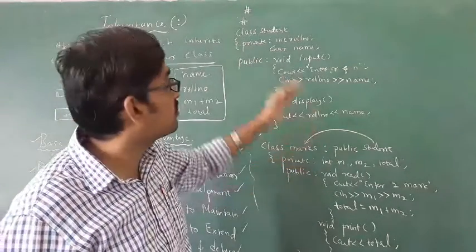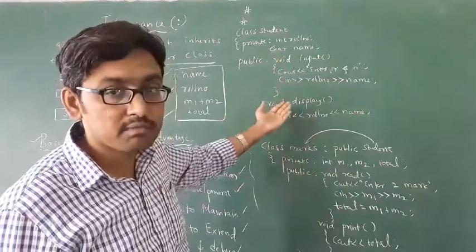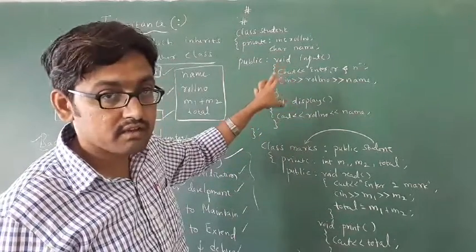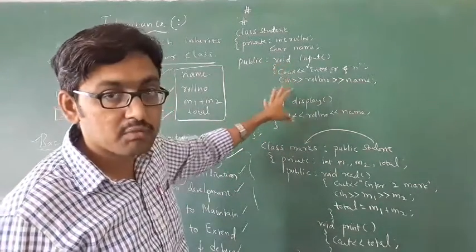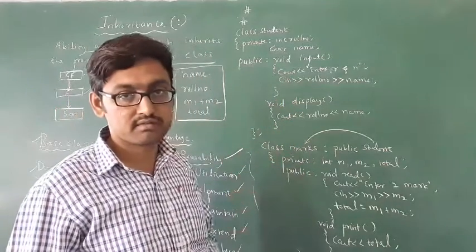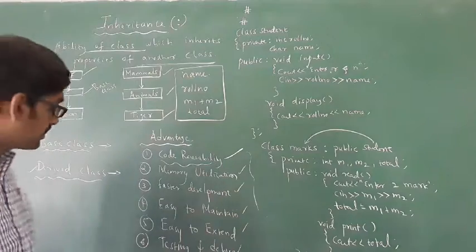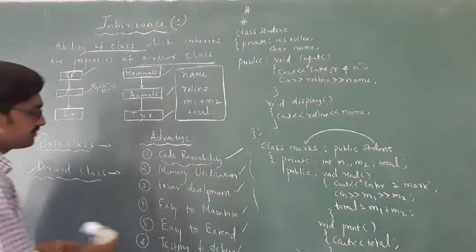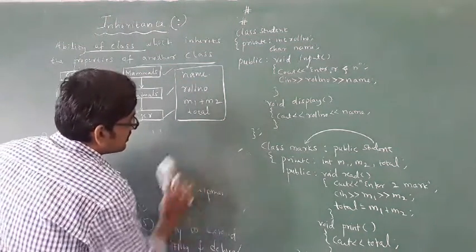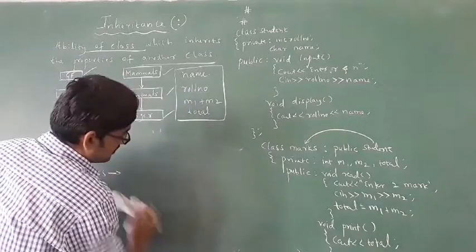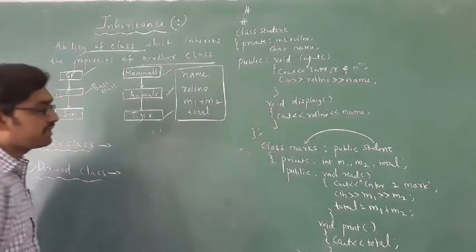Properties means roll number, name, input and display. All this data will come to this class. Now I am writing void main.